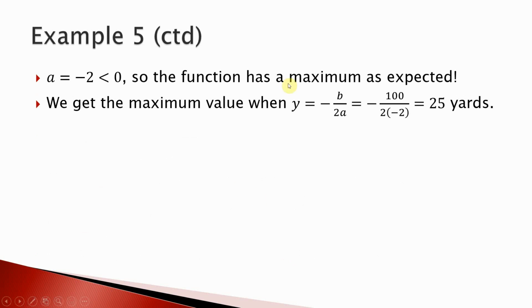So if you substitute b and a, negative and negative make it positive, and you get 25 yards. So when y is 25 yards, you get the maximum area.